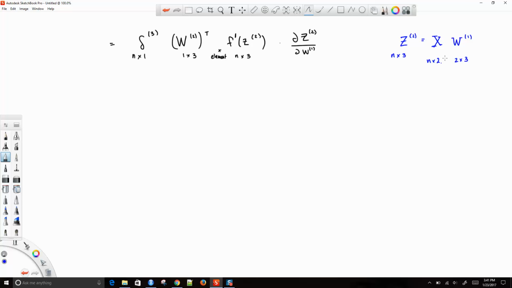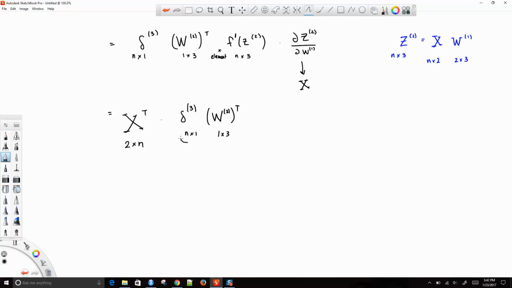So this is going to become effectively X, but in order for things to line up, we're going to transpose this and put it at the beginning. So we transpose the X, and this gives us a 2 by n, and then we multiply this by delta 3, which is n by 1, multiplied by W2 transpose, which is 1 by 3.